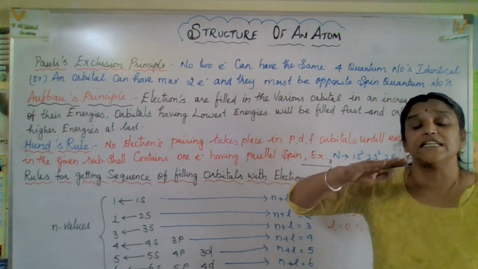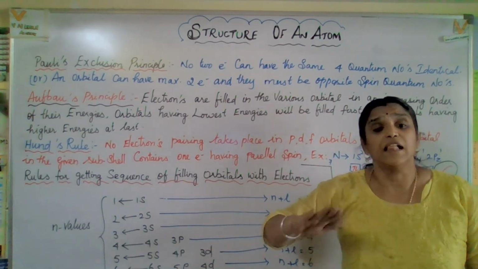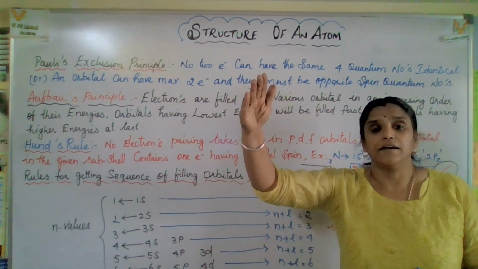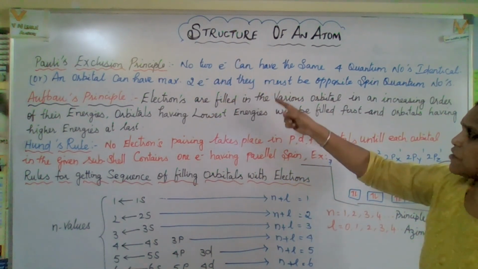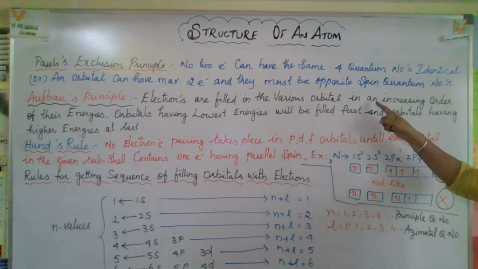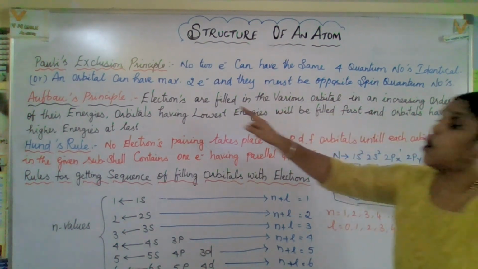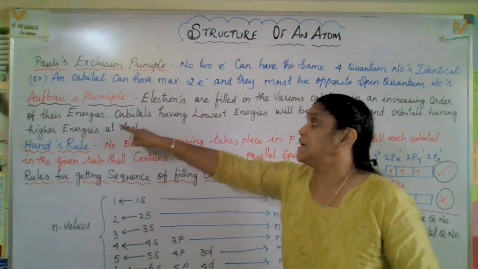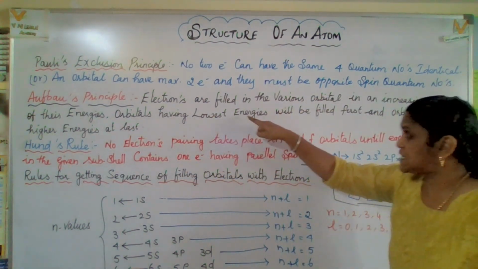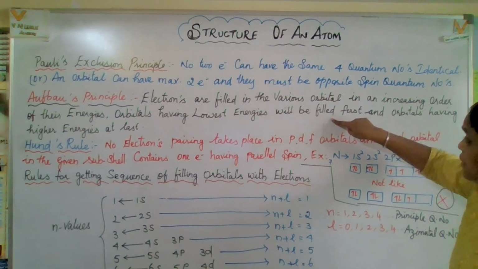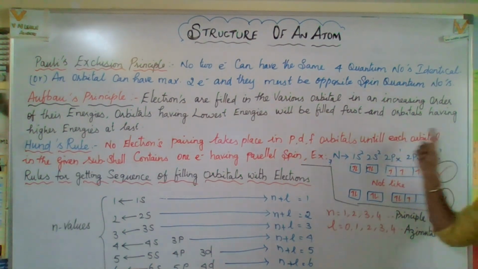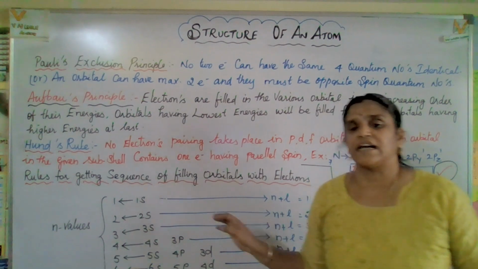So it has to fill the s orbital, then p, then d, then f. Electrons are filled in the various orbitals in increasing order of their energies. Orbitals having the lowest energy will be filled first, and orbitals having higher energy last.